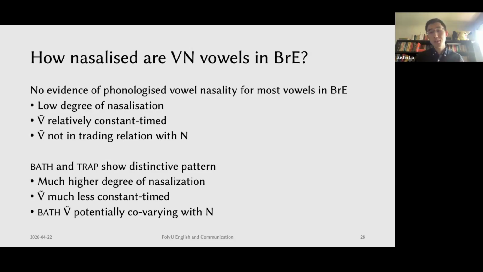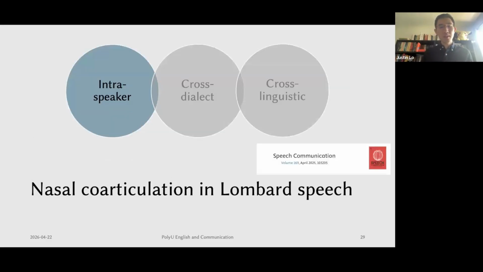We see relatively constant timed nasalization, and we don't see that kind of trading relation that Beddor has been talking about. But Bath and Trap seem to be developing some distinctive patterns. So if we're going to say that any of the vowels are on the trajectory towards sound change, it may be that these two vowels are starting to do something like that.